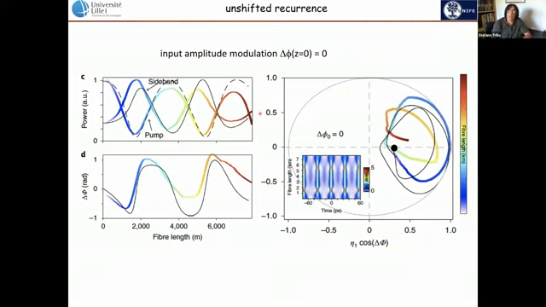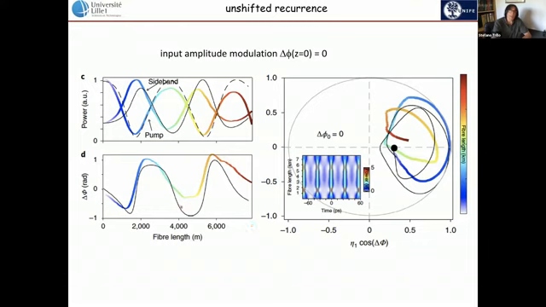So this was the result that we published in Nature Photonics in 2018, a few years ago. This is the amplitude modulation case. What I show here is the pump and the sidebands along the fiber, reconstructed from the experiment that I've shown, and also the relative phase between the two against the fiber length.